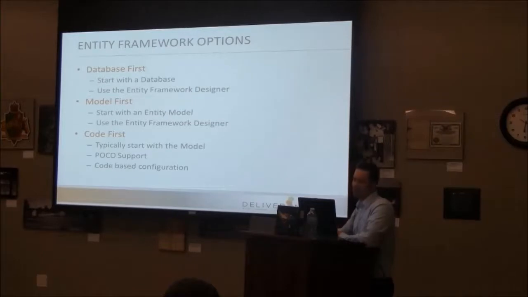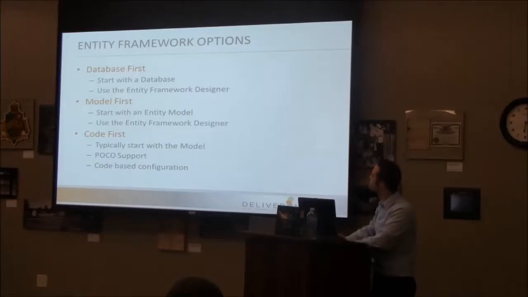But a lot of people still use it, even when the database already exists, just because you get the nice plain old CLR object approach to that. And one of the nice things about it is all the configuration is in code, versus with Database First and Model First, where all that is in those XML files that the designer has.